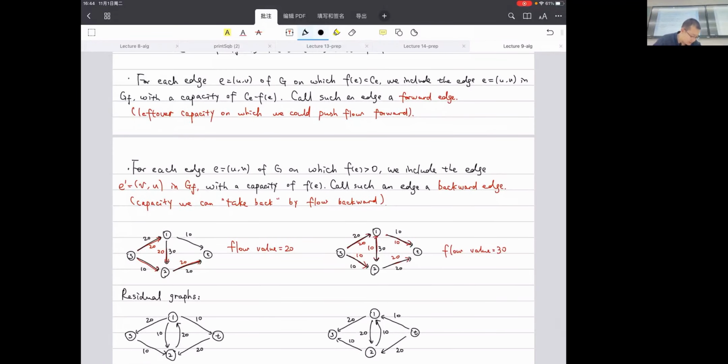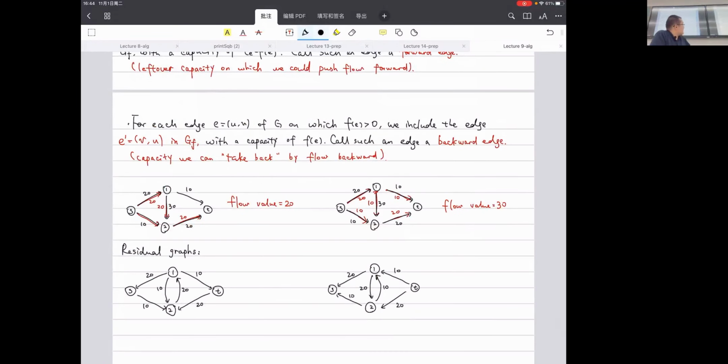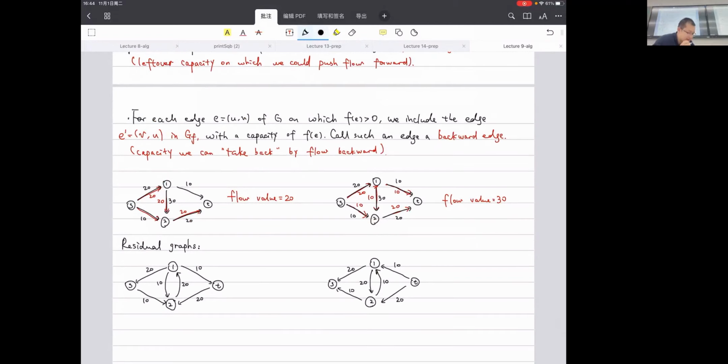I guess this definition of the residual graph is going to be quite intuitive. At least from this example, we can clearly see that after considering this residual graph, our greedy strategy is not optimal. And along the residual graph, there is a further ST path.